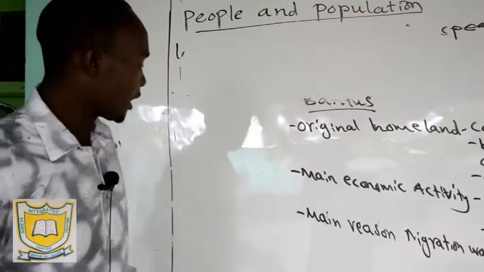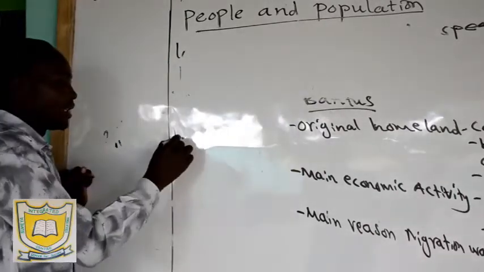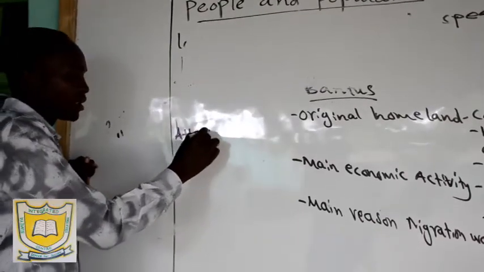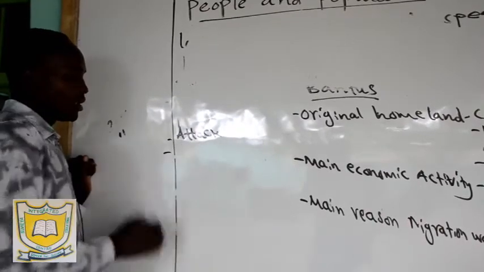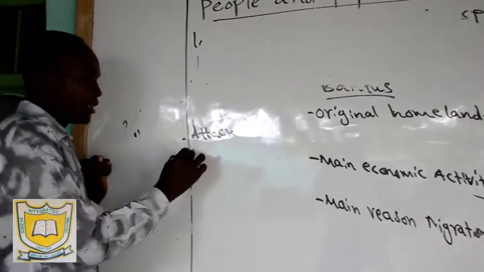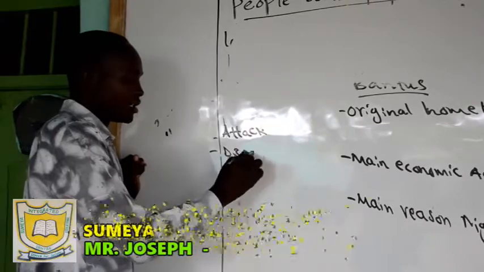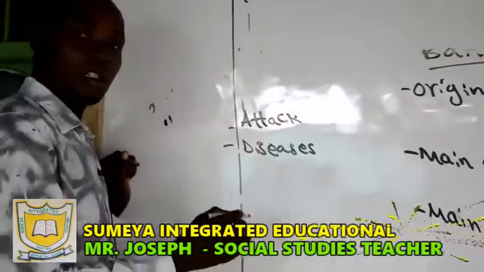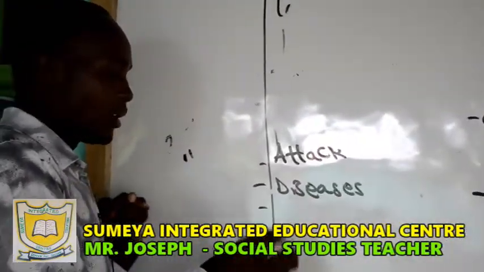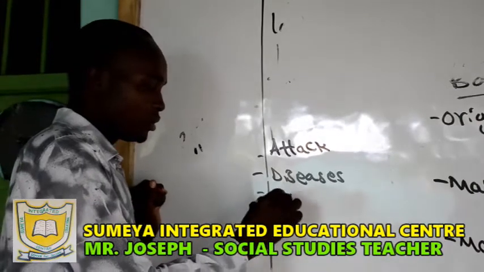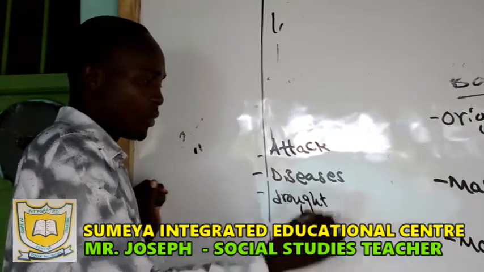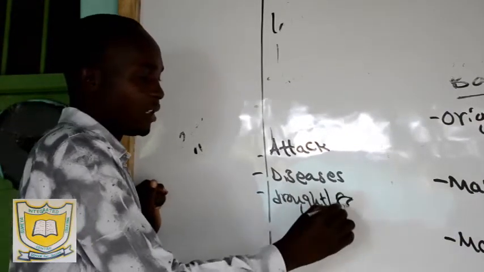The other reason for migration is attack by the neighbors. Then also we have diseases. Some diseases also made these people migrate. Then also we have drought. Drought is a long period without rain. Then also we have famine.